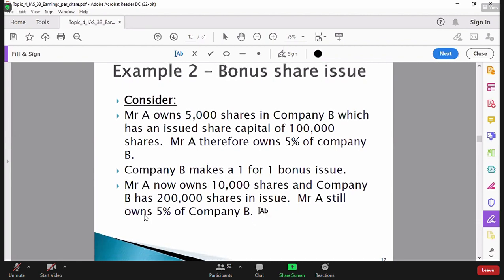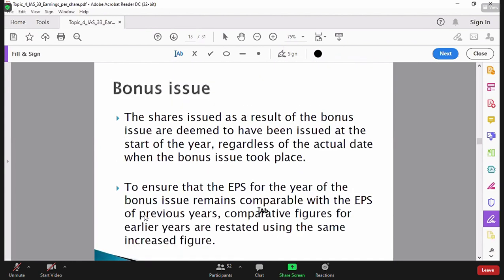Then let us look at the bonus issue. The shares issued as a result of the bonus issue are deemed to have been issued at the start of the year. Usually, they will declare a bonus issue at the start of the year, regardless of the actual date when the bonus issue took place. To ensure that the EPS for the year of the bonus issue remains comparable with the EPS of previous years, comparative figures for earlier years are restated using the same increase figure. So now, there is a special issue under this standard.